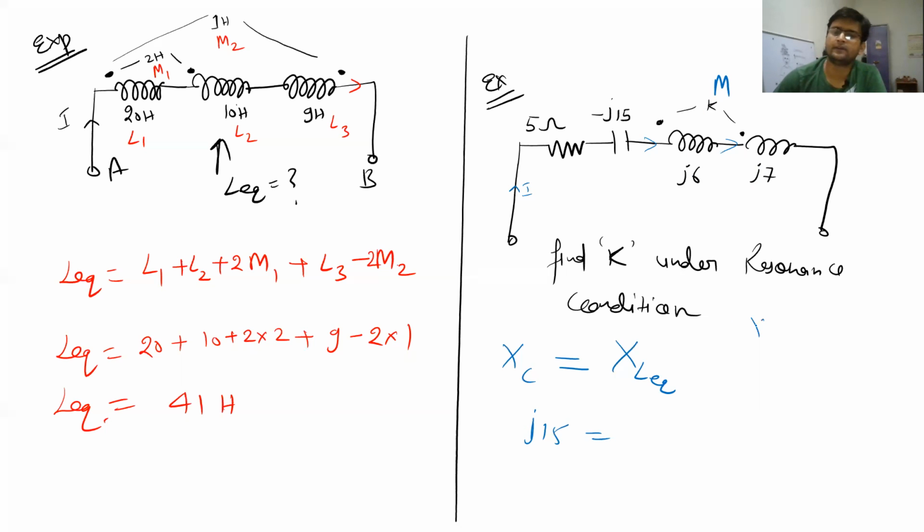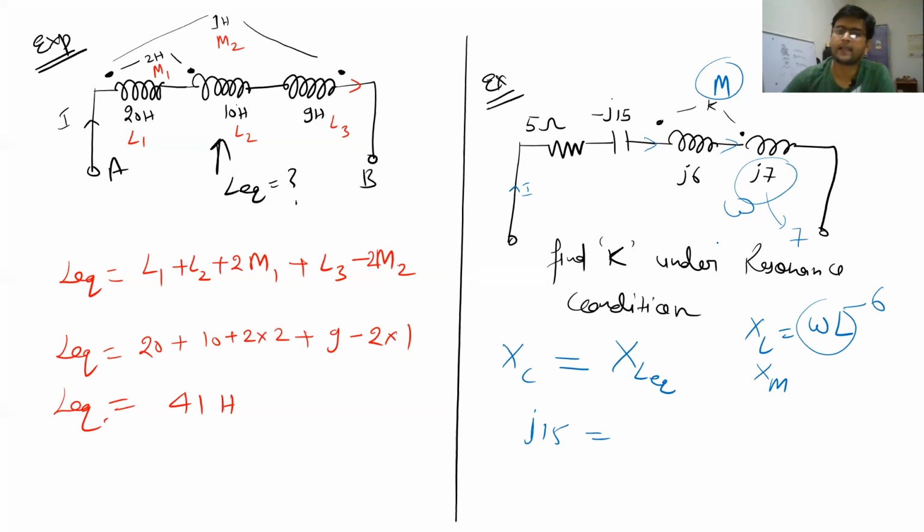You know that XL is omega times L, right? Let me take omega as the frequency at which this voltage or current is operating in this circuit. For the first coil, this omega L is given as 6. For the second, this omega L is given as 7. Let me call the value for M, XM.